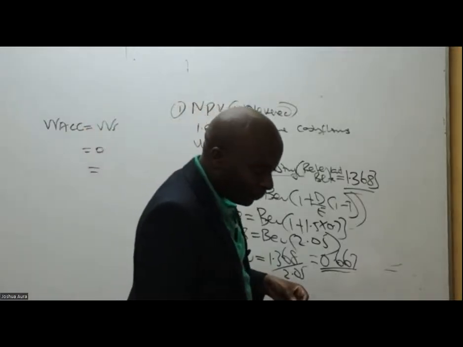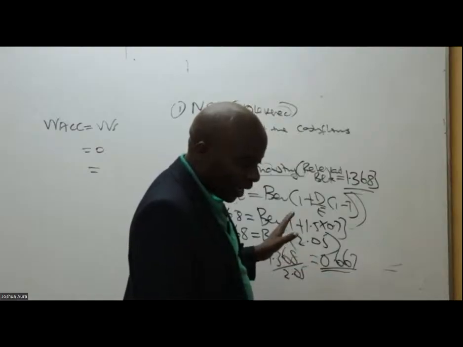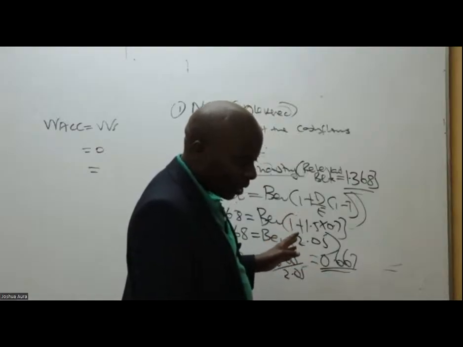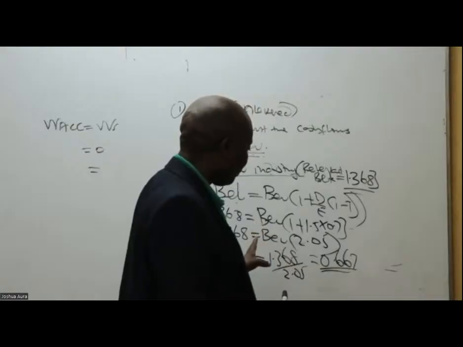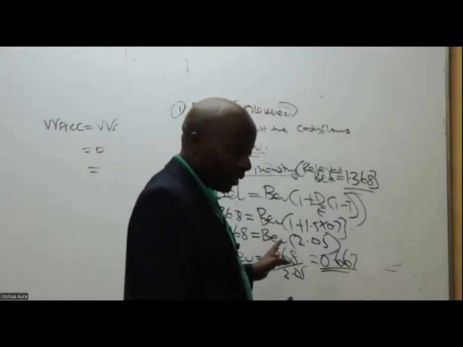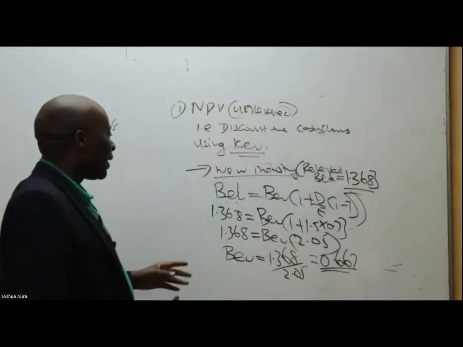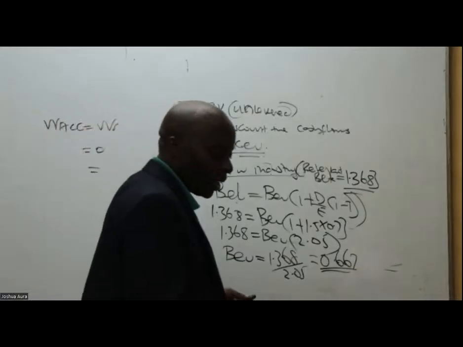So now, if they want me to give this NPV unlevered, this 0.667, I'm being told it is correct. It is the beta equity of the unlevered firm. If that is the case, then what do I need to do?